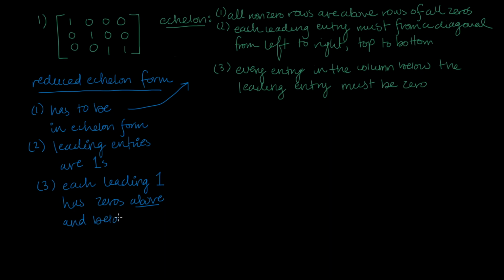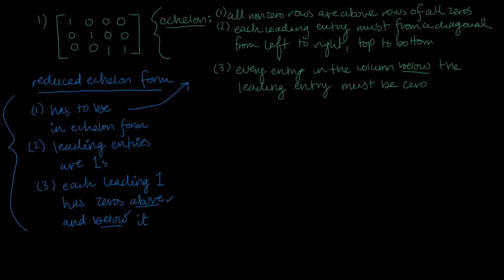So notice how in echelon form, we only had zeros below, and in reduced echelon form, we have zeros above and below. So in order to be in echelon form, we need to follow these 3 rules. And in order to be in reduced echelon form, we need to follow these 3 rules.